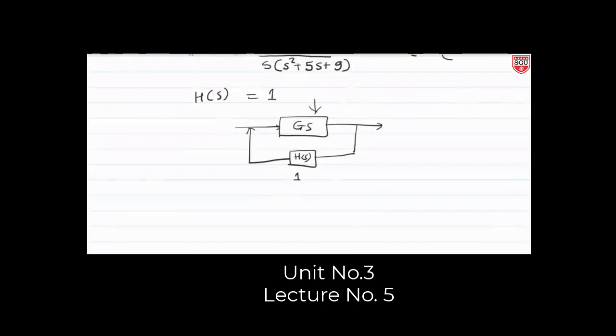Then what is the formula to convert this feedback loop into a transfer function? We have seen it in unit number 2 when we solved the block diagram. What was the formula? G of s upon 1 plus G of s into H of s.